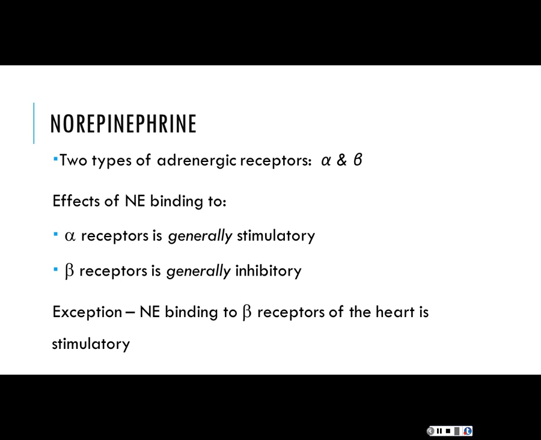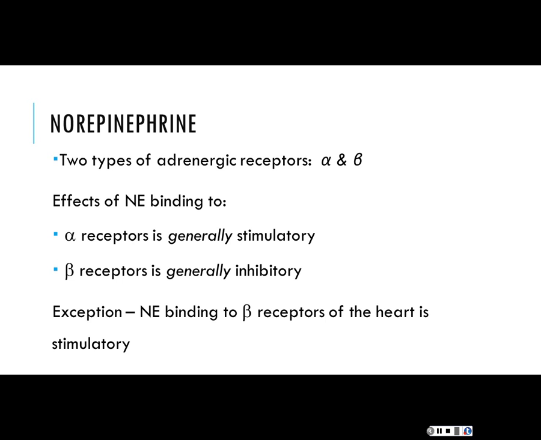So notice the word general, not always. And generally, the beta adrenergic receptors cause an inhibition. The most notable famous exception is when norepinephrine binds to our beta adrenergic receptors at the SA node.